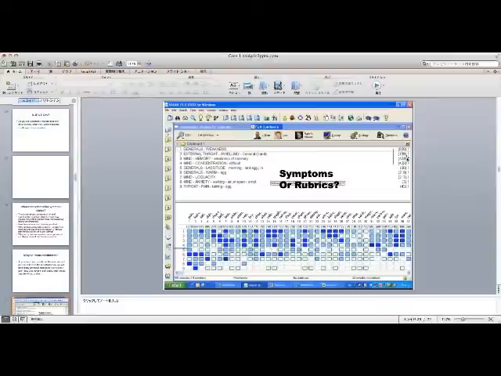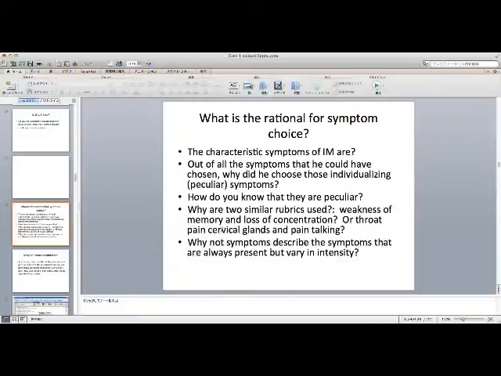These that have so many remedies under them are not peculiar. They're common symptoms. These ones that are under 150, these are still pretty common. But these here are very individualizing. They're low number of remedies in them. Those are more peculiar, but they're not extremely peculiar, I don't think.